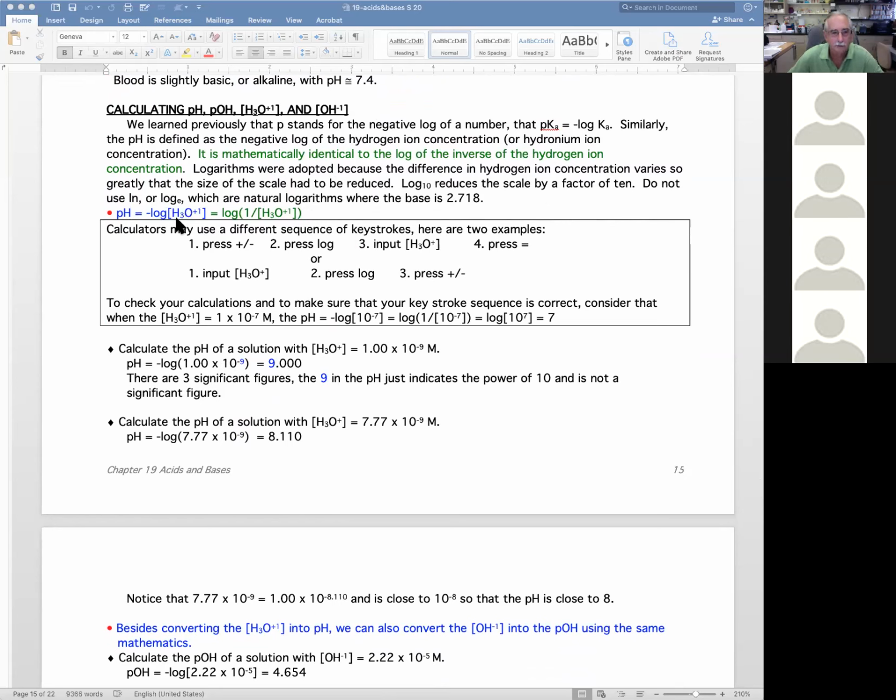So how do we do this? Well, it depends upon your calculator. So here's one logic of a calculator. Here is another one. And you will always be able to figure out if the calculator keystrokes are working, because you should know that 10 to the minus 7 should give you a pH of 7.